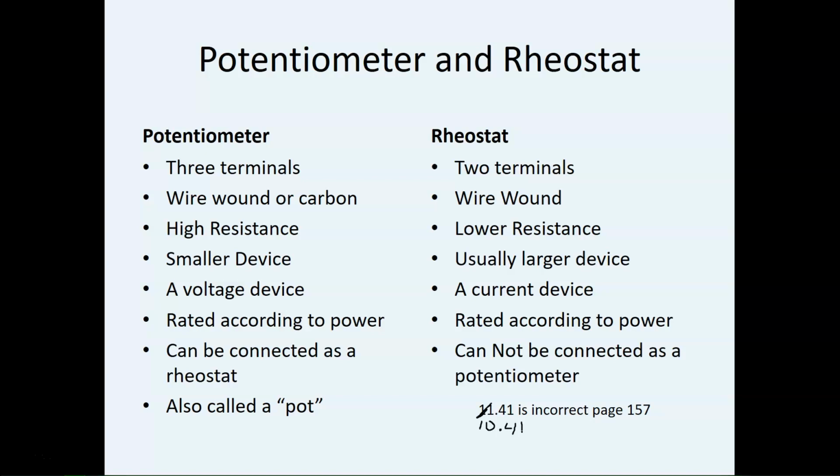If you look at 10.41 in your book, the point where it's wrong is where it says that both devices have 3 terminals. That is incorrect. A rheostat only has 2 terminals.